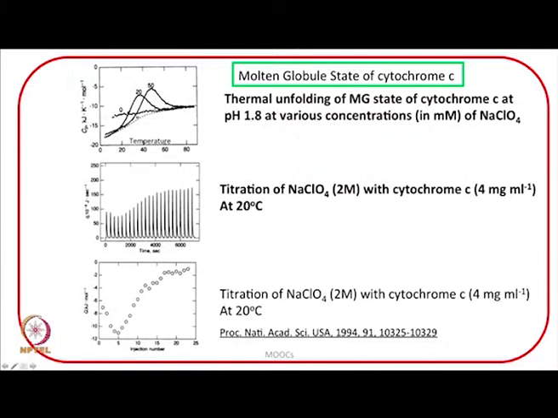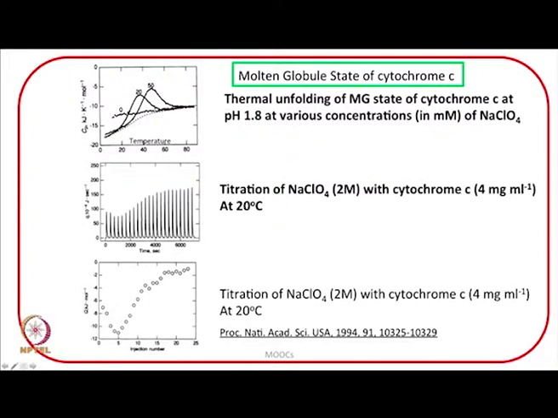There is no thermal transition observed. However, when you add 20 millimolar sodium perchlorate, we get a well-defined thermal transition. When you increase the concentration of NaClO4 to 50 millimolar, the thermal transition temperature further increases. That means NaClO4 is inducing renaturation, or it is inducing structure in the unfolded protein, and these authors termed these states as molten globule states.